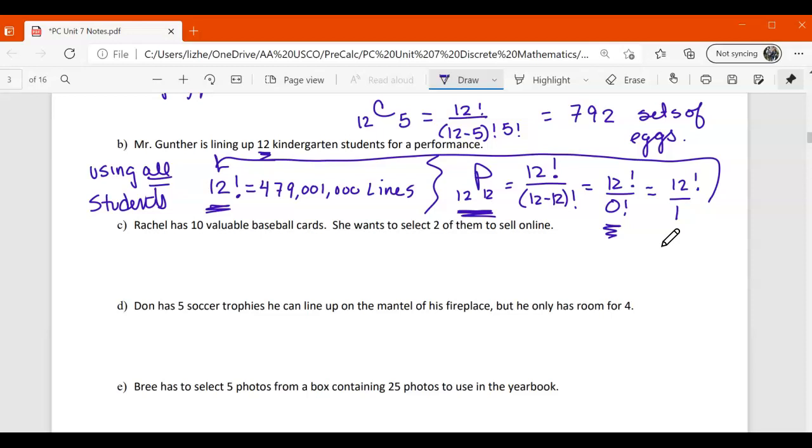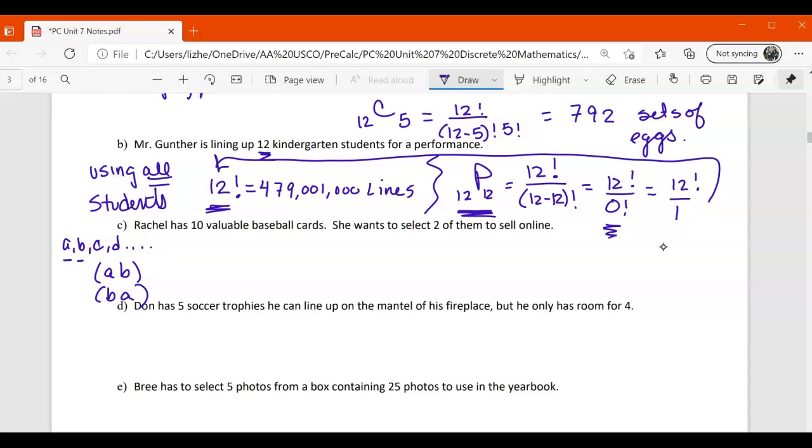So the cards might be valuable, but it doesn't matter. Let's say she has 12 cards. We'll just say a few of them are here: A, B, C, D. Let's say these are the valuable ones. But if she says, if you have this order, I'll sell A and B, or I'll sell B and A, it doesn't matter which one comes first in the set.